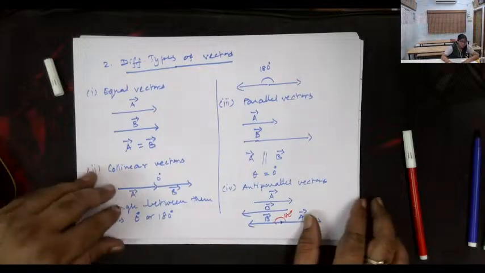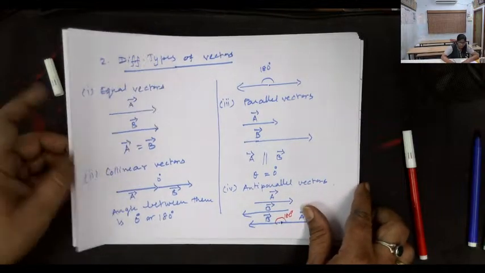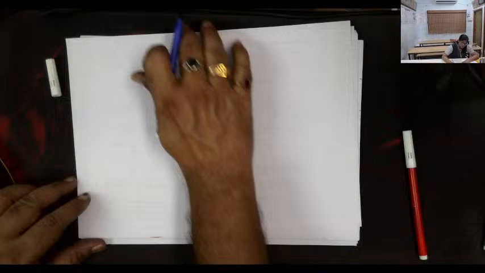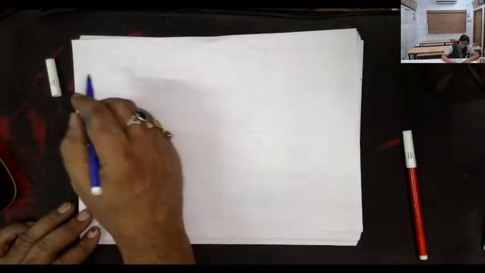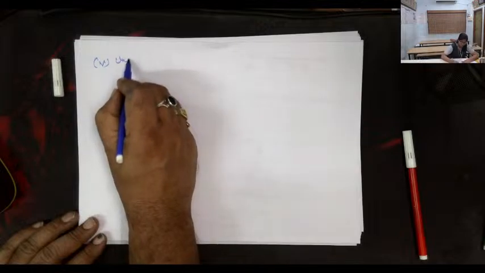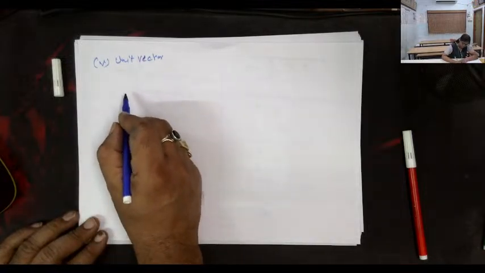Then unit vector. Fourth one, now this is fifth. Unit vector. So this unit vector is represented by cap.